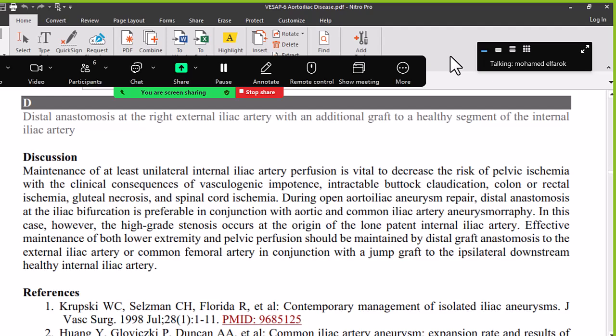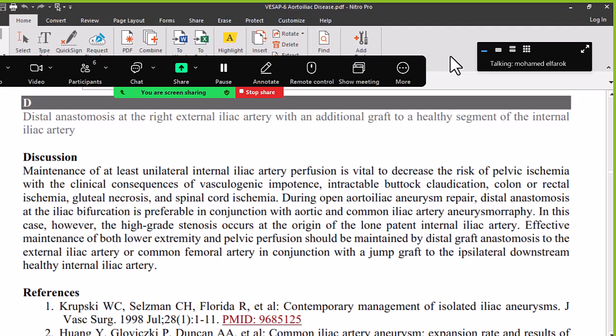During open aortoiliac aneurysm repair, distal anastomosis at the iliac bifurcation is preferable in conjunction with aortic and common iliac artery aneurysmectomy. This is the gold standard, because you don't do the distal anastomosis at the internal right away. You want to perfuse internal and external to perfuse the whole area. So this is the standard: anastomosis with the common iliac artery.